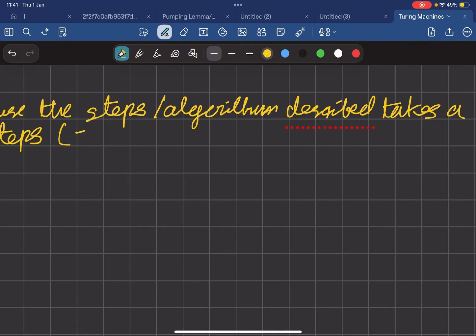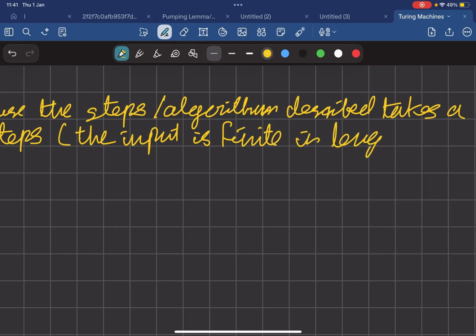Let's also say the input is finite in length.